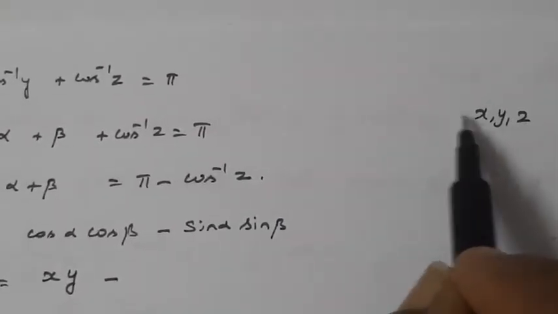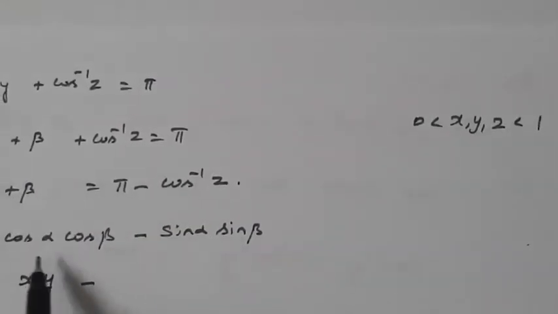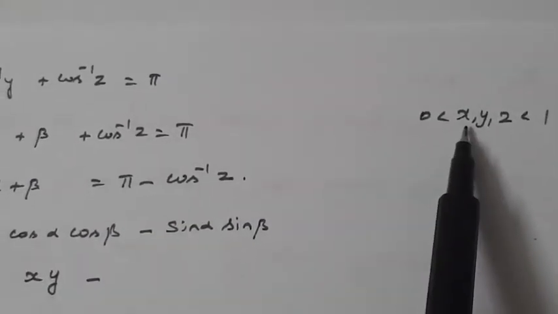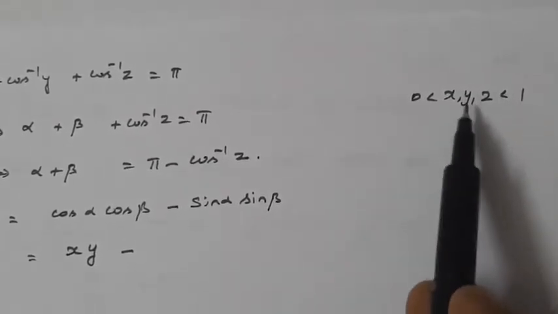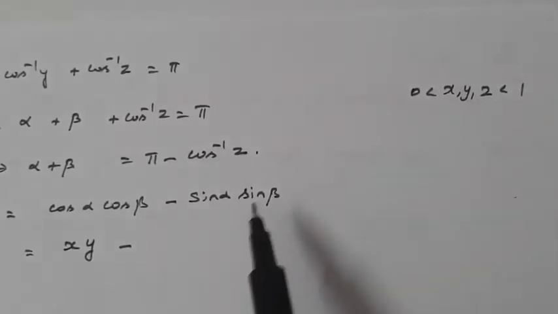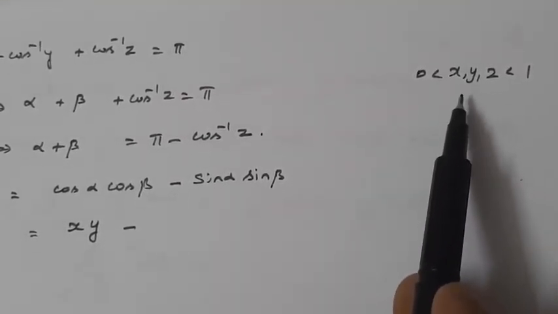As x, y, z lie between 0 and 1 and x is equal to cos alpha, the maximum value of cos alpha is 1 and the minimum value is 0. So it lies in the first quadrant, and hence the angles alpha and beta lie in the first quadrant, and therefore sine is positive.